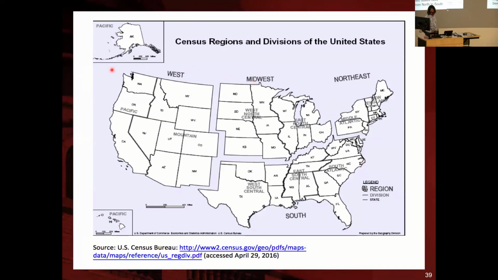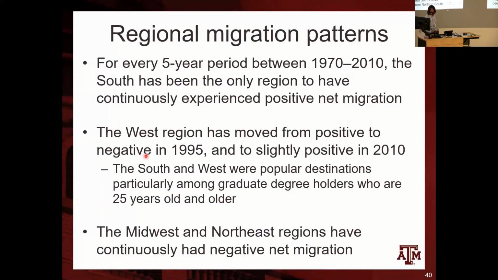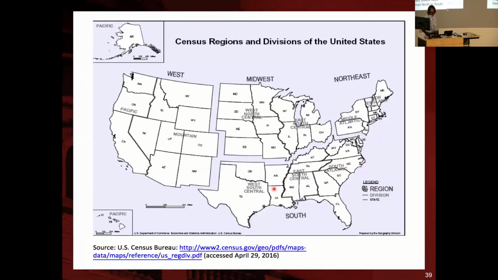So it was positive, then slightly negative, and now attracting more people than losing again. The South and West were popular destinations, particularly among graduate degree holders who are 25 years old and older. So people with a graduate degree usually move to Western and Southern states looking for jobs after they graduate.